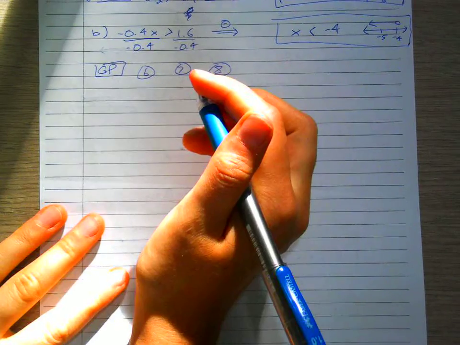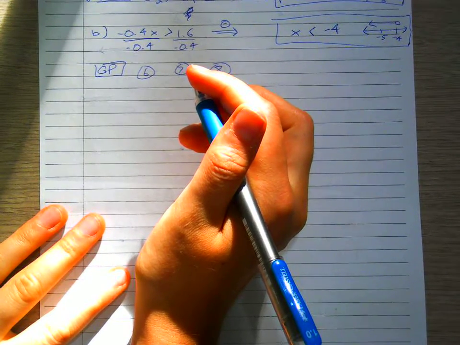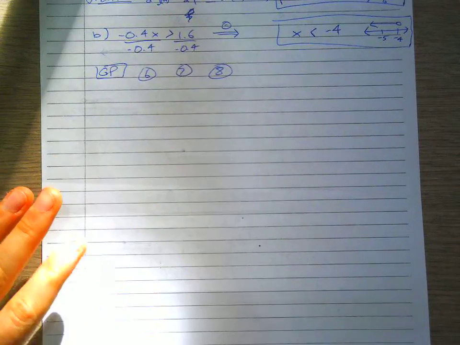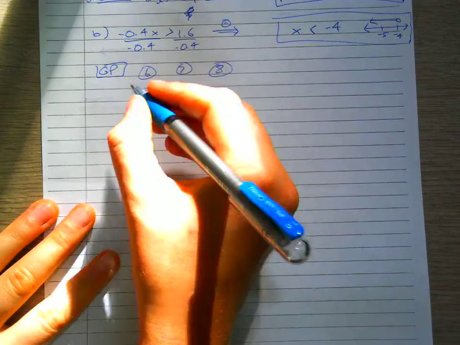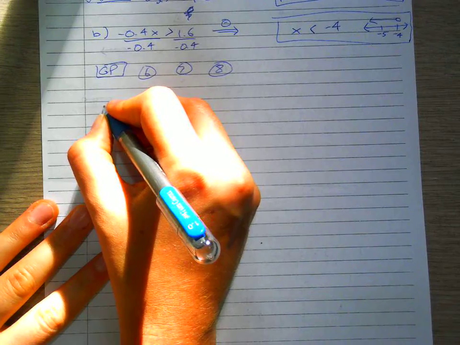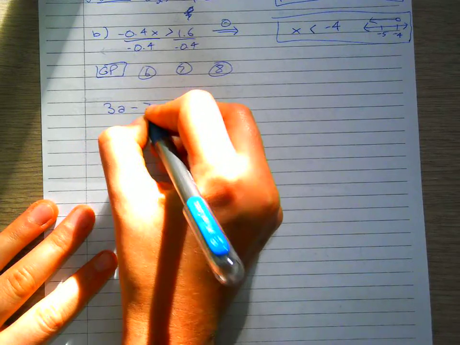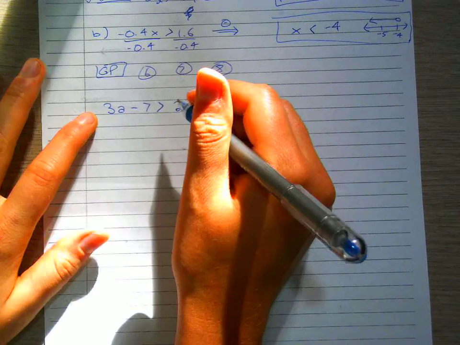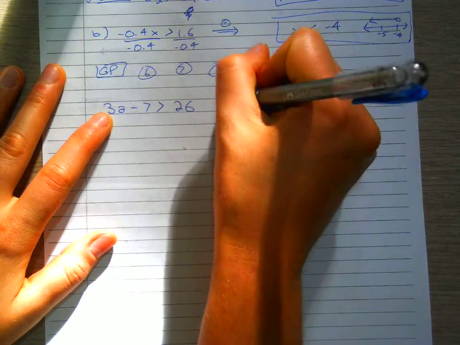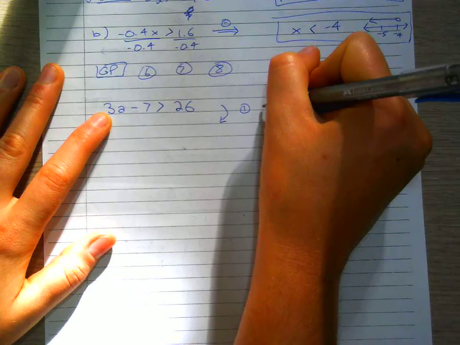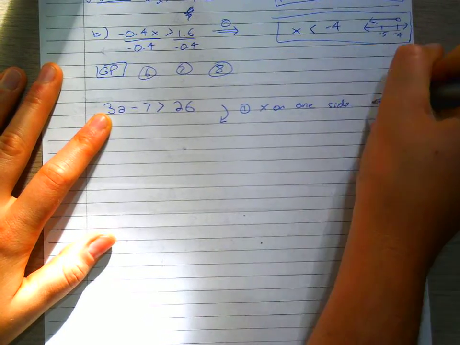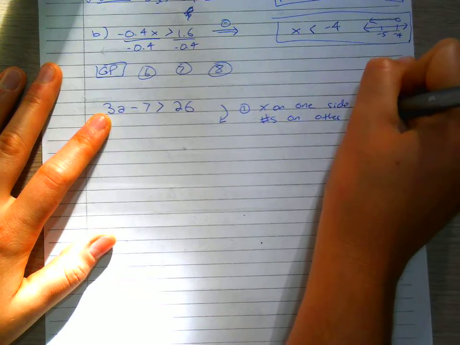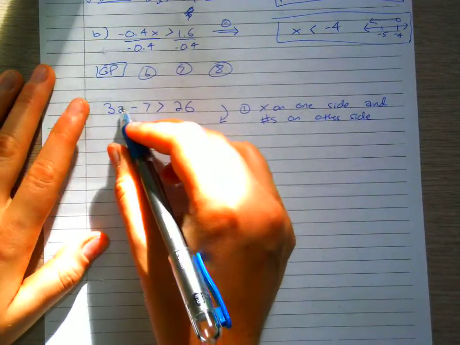Okay, last thing today is multi-step algebraic inequalities, so things where we have to do a couple of different things, like multiplication and division, similar to algebra problems. Let's start with this one. The first thing to do is get x on one side and numbers on the other side.